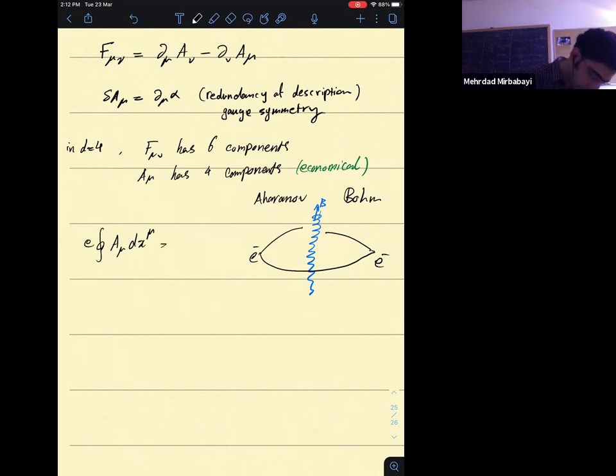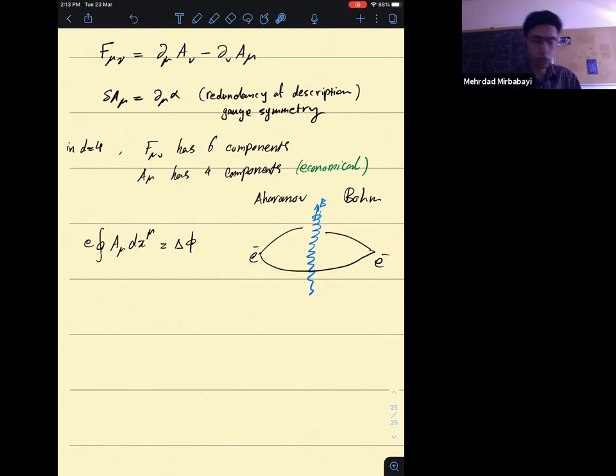So this will be Δφ. And this is a completely local description, a local way of deriving the phase that we gain. By local, I mean I'm just integrating something along the path of the electron.